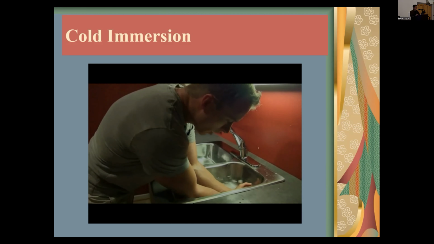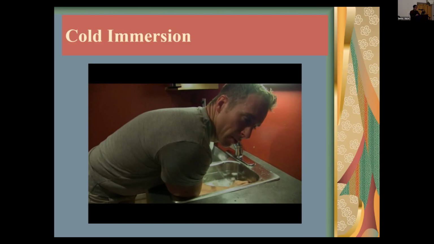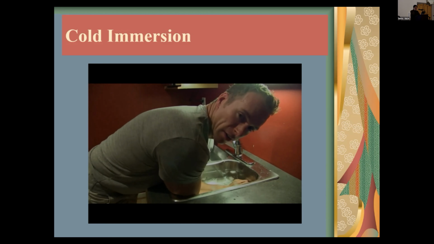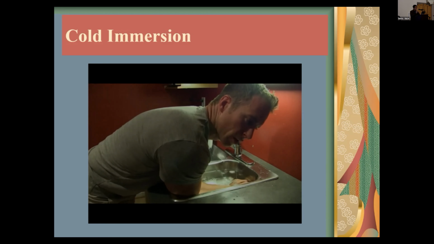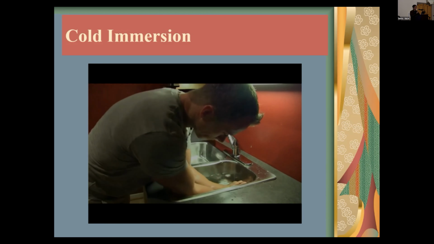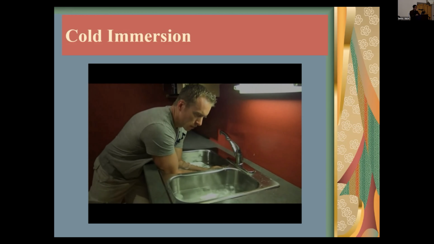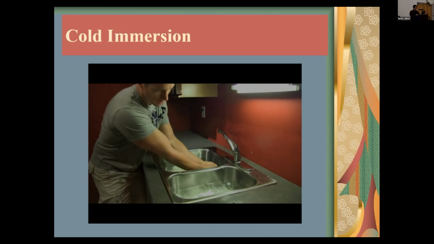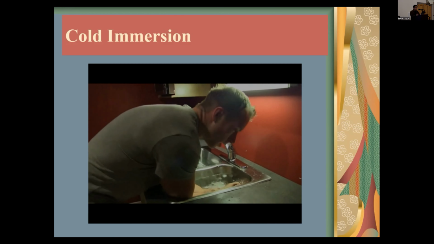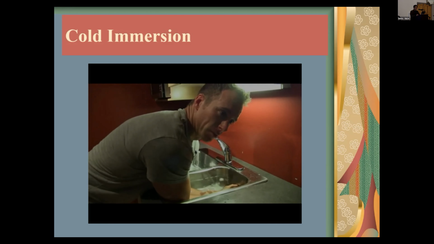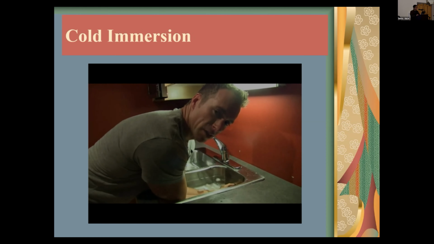If you have Parkinson's though, don't do this because it makes the tremor worse. So I found out that for patients with Parkinson's, the warm immersion works better. Whereas for patients with essential tremor, it's the opposite. It's cold immersion. And this was triggered by comments of my patients, since we see a lot of snowbirds here in Arizona. So at some point, I asked my patients, where is your tremor better?